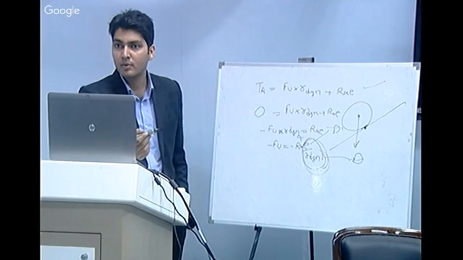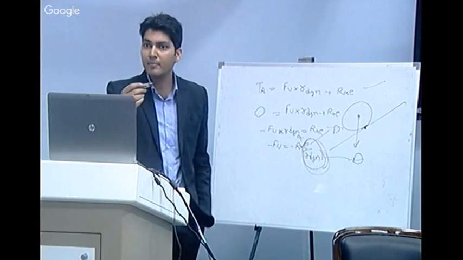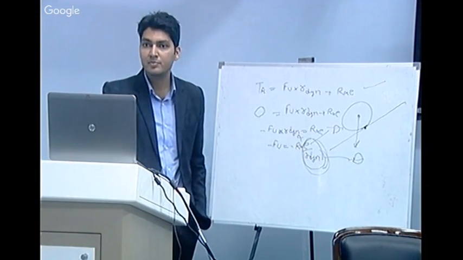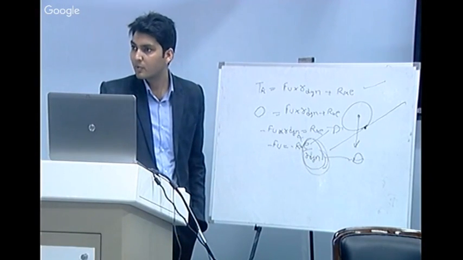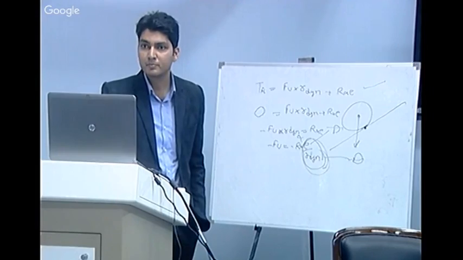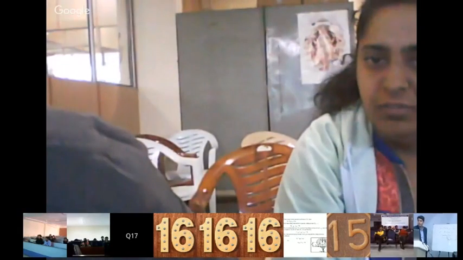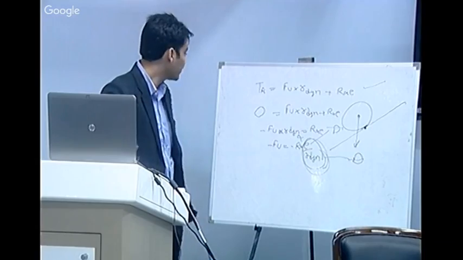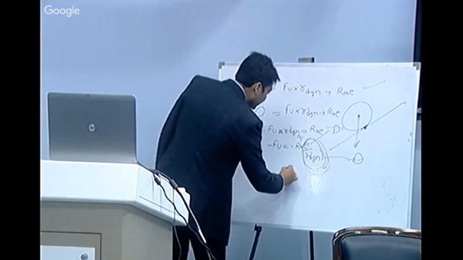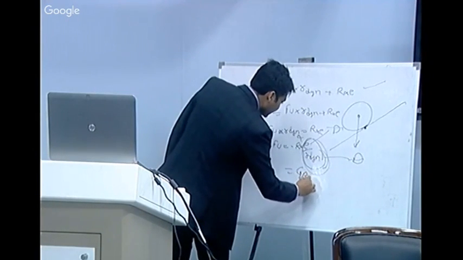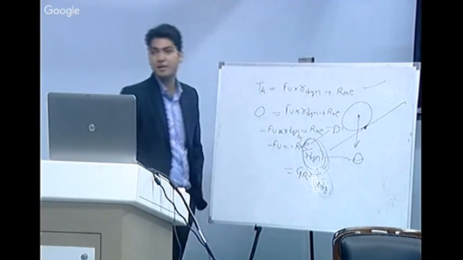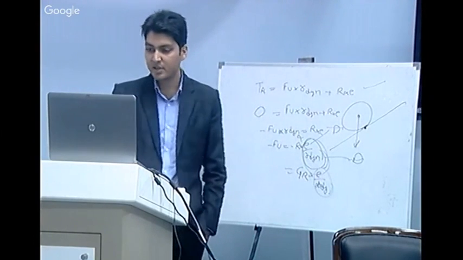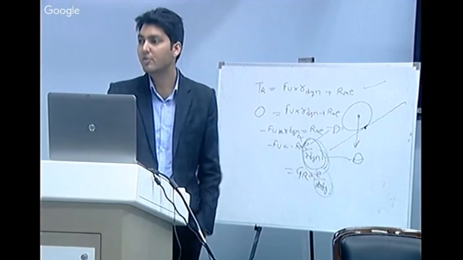On a plane road, this GR will become R. So in this condition, my R will become GR into E divided by R dynamic. This is a rolling friction resistance coefficient.